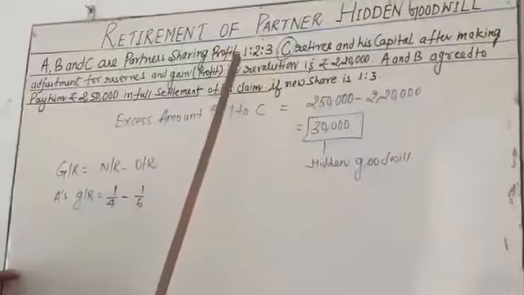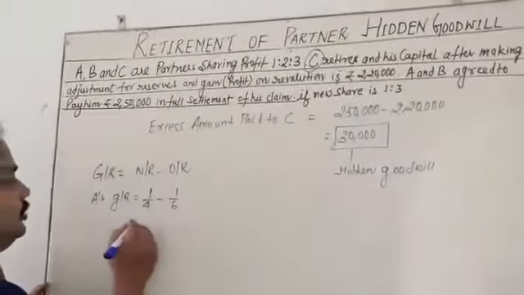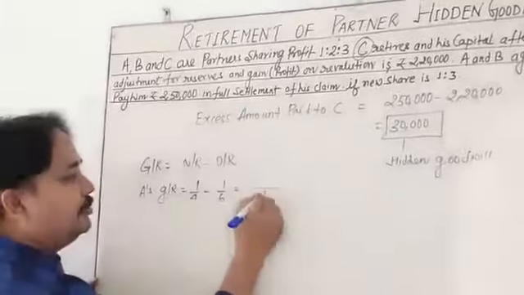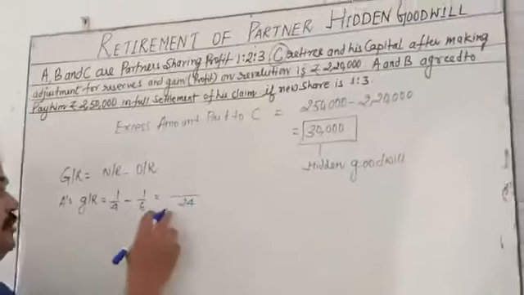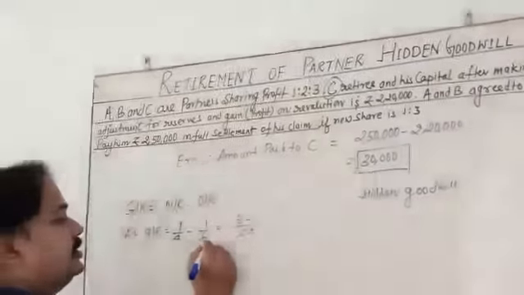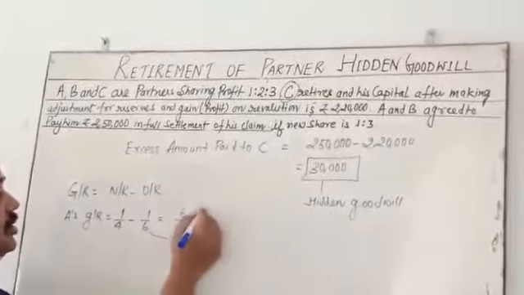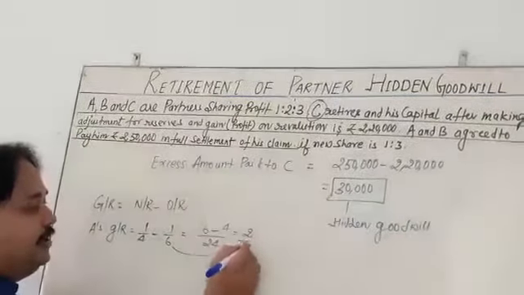How do you calculate it? 1 plus 2 plus 3 is 6, so 1/6. Take the LCM of 24. Dividing by 4 gives 6, minus dividing by 6 gives 4, so you get 2/24.